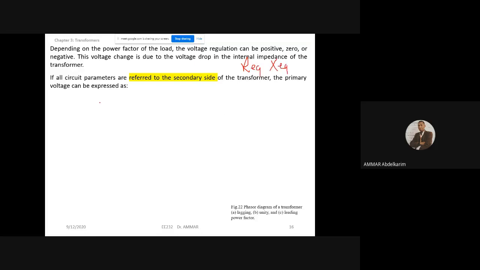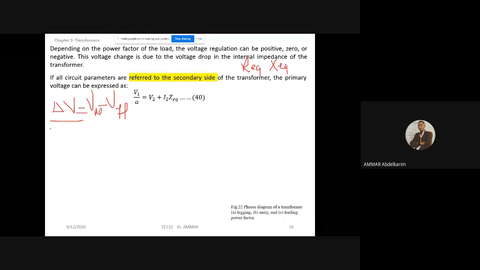So if the circuit is referred to the secondary of the transformer, in order to determine the voltage drop, delta V, it equals the no load voltage minus the full load voltage. So this is the change.